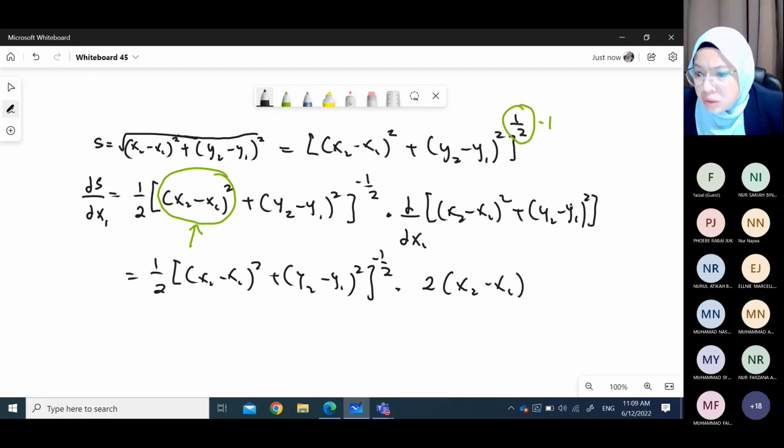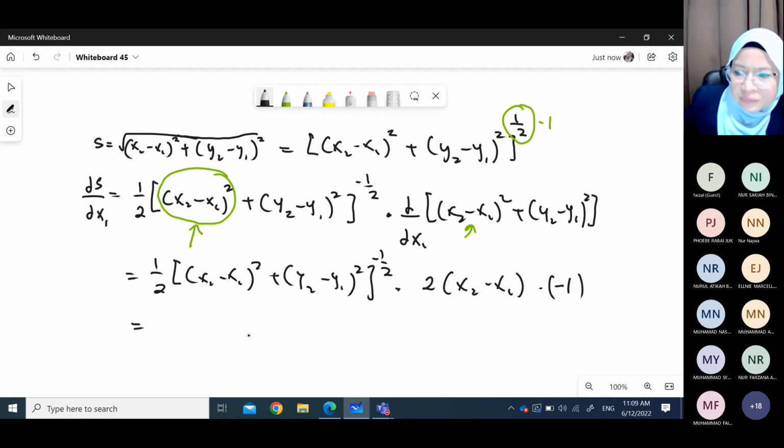So this one it will be 0 because it is constant. And then inside here we have this function, you differentiate, and here we have negative 1. Okay, so here we have negative 2 times (x2 minus x1).